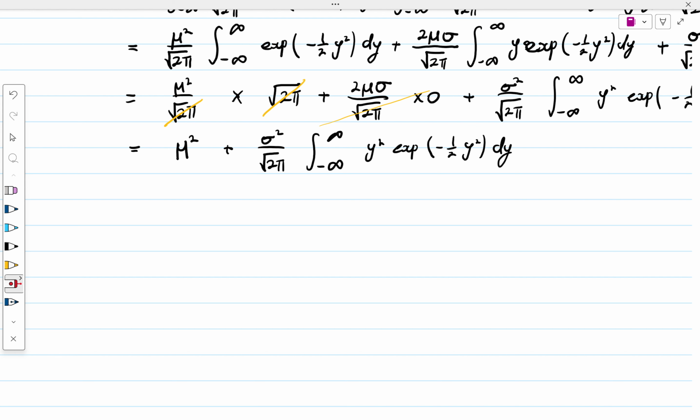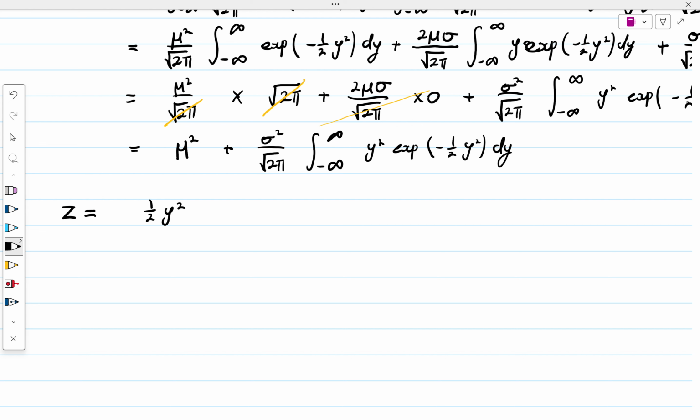And typically that is easier to deal with than other integrals necessarily. So without further ado, let us define z is equal to negative a half y squared. Sorry, apologies. Just a half y squared for now.